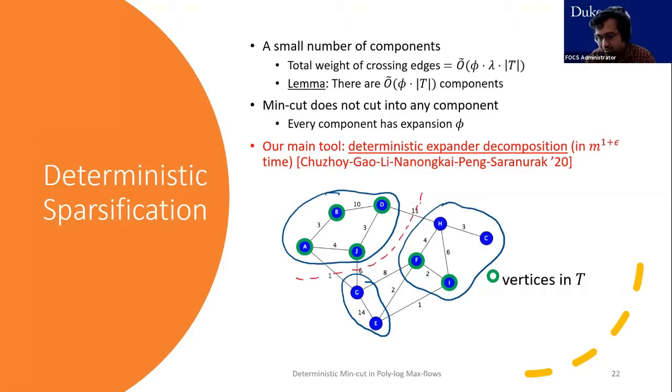And if that happens, then the sparsification is very easy. We just pick one vertex from each of these expander sets. If I pick one vertex from each of these components, then I know that I'm covering both sides because my cut is not cutting into any of these components. And we generalize this a little bit. This is strictly not true in general. The min cut could cut into expanders, kind of glance through some of these expanders. So you need to pick a few more vertices and cover for that.